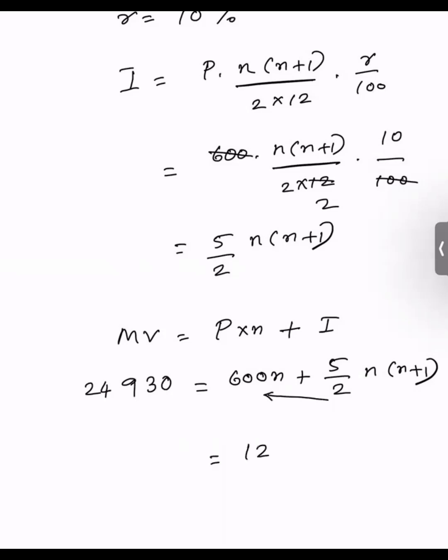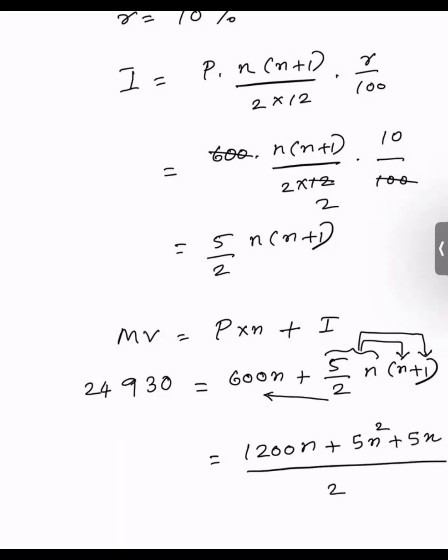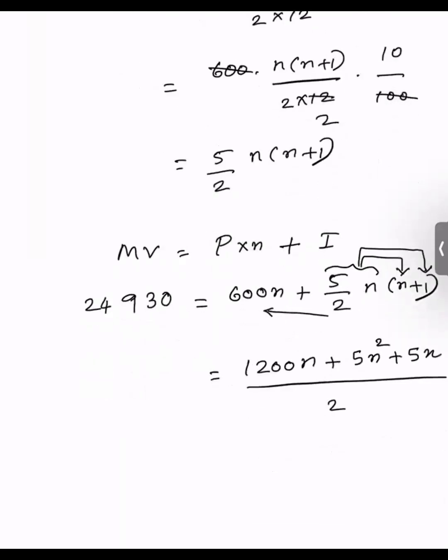So this will give me 1,200 N plus 5N. This 5N I am taking to each and every term. 5N is multiplied to N and 5N is multiplied to 1. So I get 5N square plus 5N, whole divided by 2. Okay. This 2 I am taking to the left hand side, and what do I get now? 24,930 into 2.